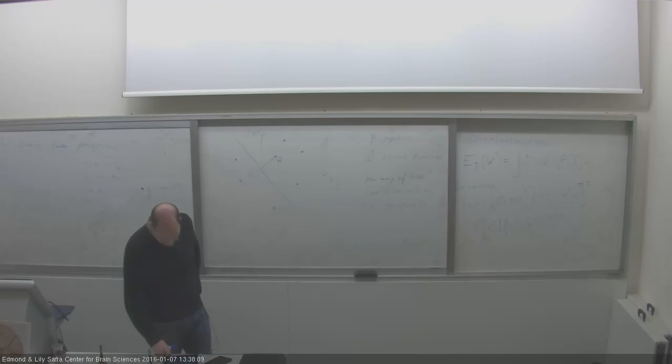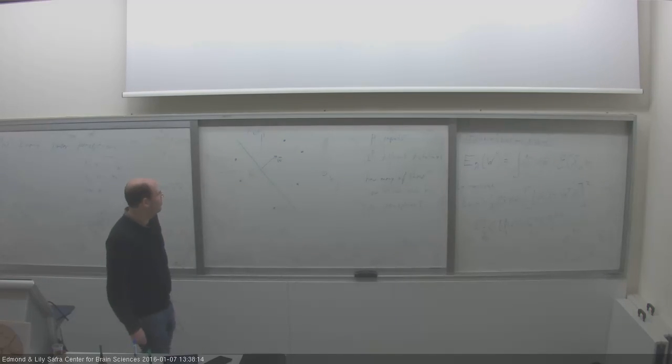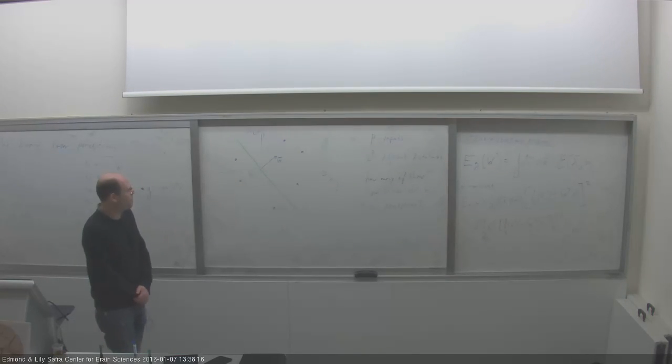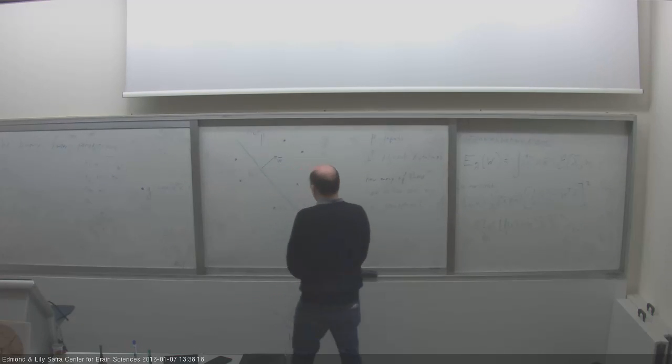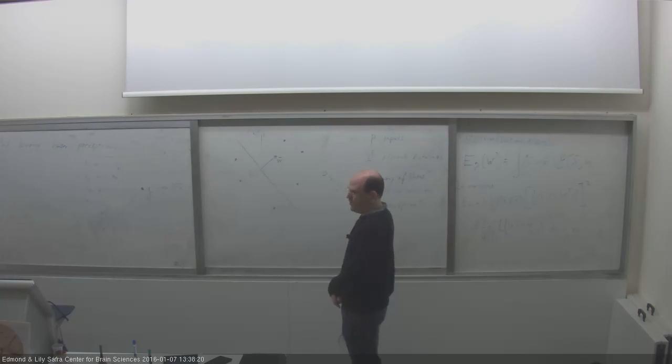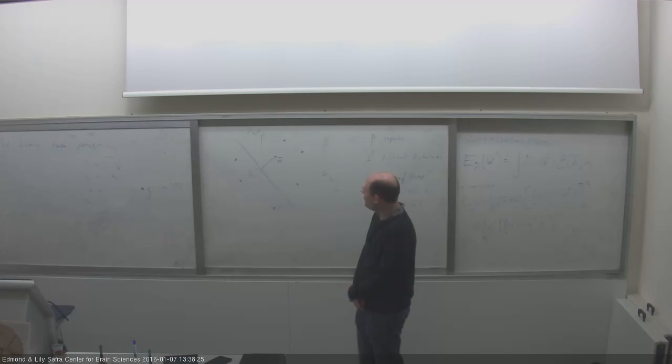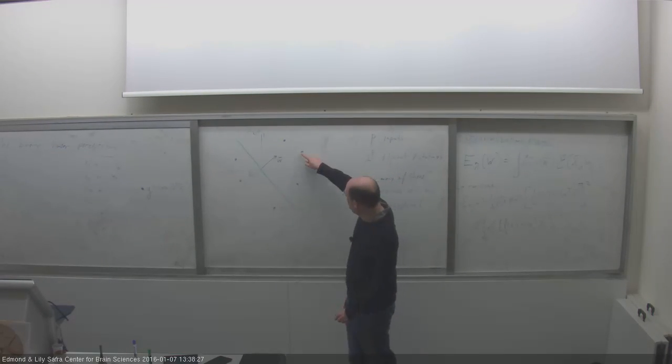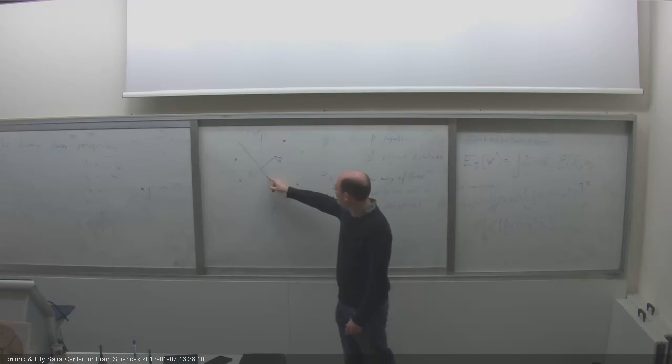Can you maybe explain quickly how W transpose X looks visually? What is W transpose X? It's the projection of the vector X over W. In the two-dimensional plane, W transpose X is really the distance of this point from this plane.